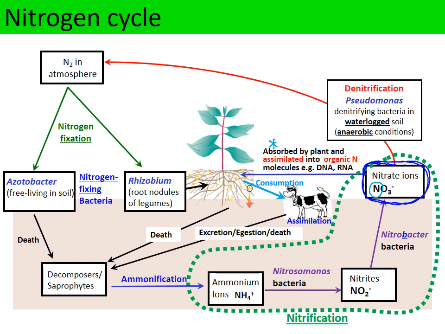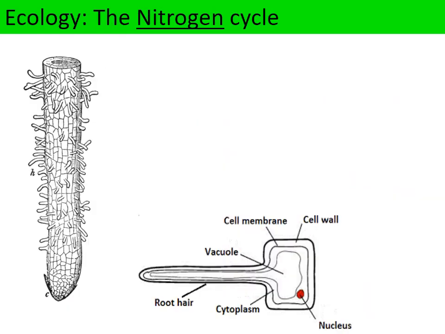So we're going to have a bit of synoptic knowledge, and we're going to go over how nitrate ions are absorbed through the root hair cells into the xylem in the root. So on the left hand side here, this picture shows the root of a non-legume plant, so a regular plant. Now we can see these projections here are the root hairs, and they're projections from root hair cells.